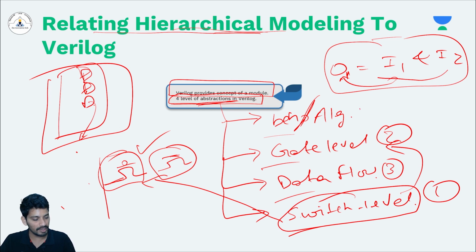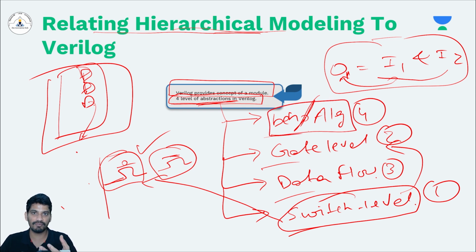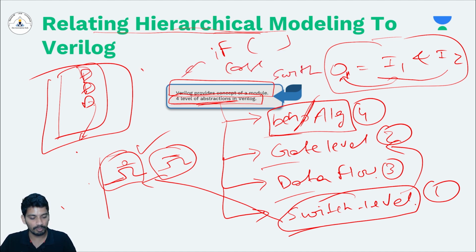And the fourth one, which is the highest level of abstraction, is algorithmic level or behavioral level. You are directly defining the algorithms, like if conditions, case or switch statements. You can use for loops, using the functionality of the C language in this algorithmic level abstraction.